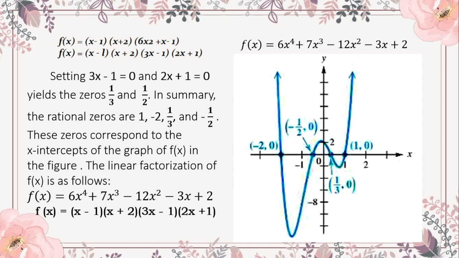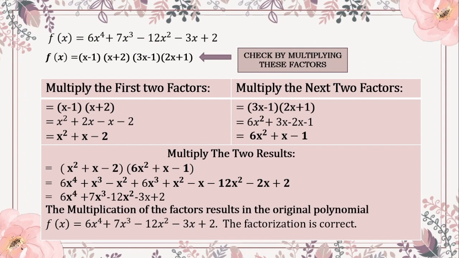So our linear factorization is expressed by f of x is equal to the quantity of x minus 1 times x plus 2 times 3x minus 1 times 2x plus 1, which represents the polynomial in its linear factors. So let us check by multiplying these factors.